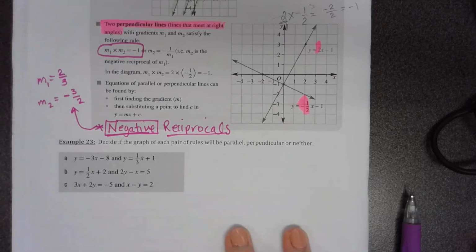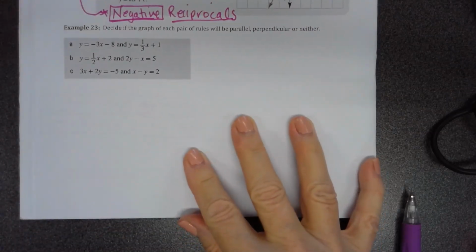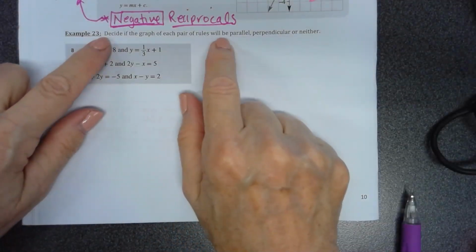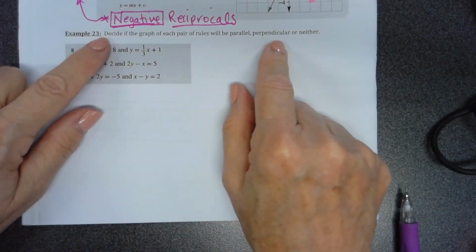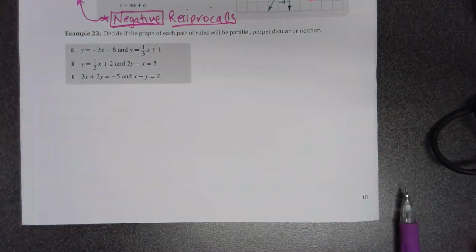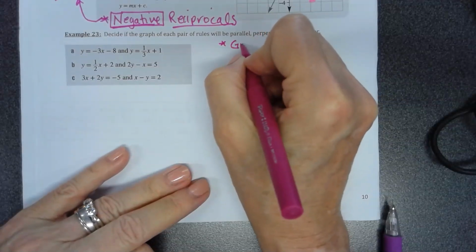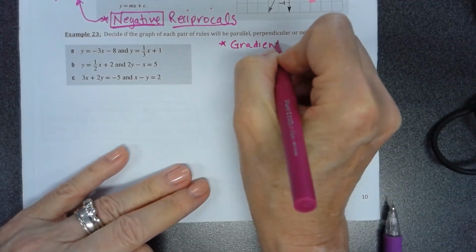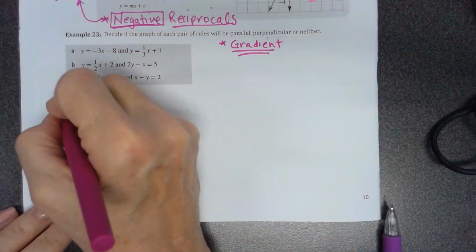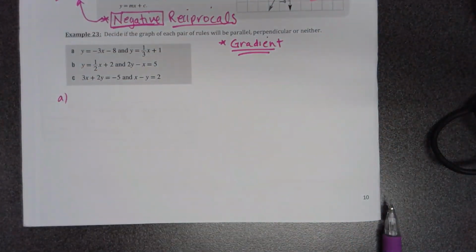Okay, let's try these. Ready? Here we go. It says decide if the graph of each pair of rules will be parallel, perpendicular, or neither. So I'm looking at gradient, right? So I'm going to write this gradient. That's what I'm trying to look at. So in A, I don't know why I'm writing with this pink pen, silly.